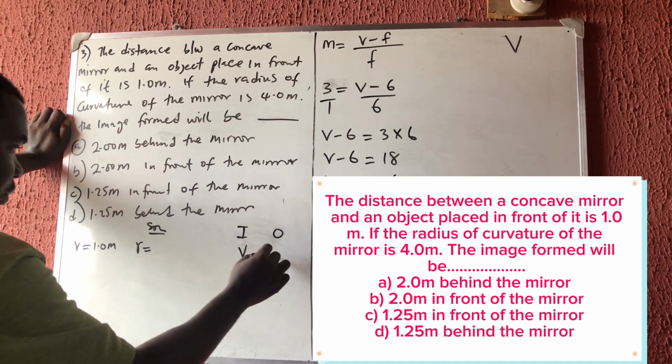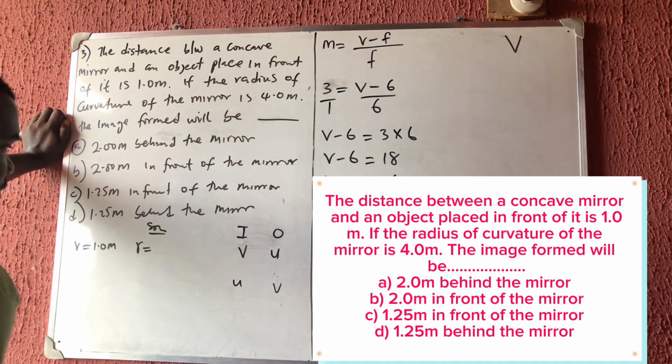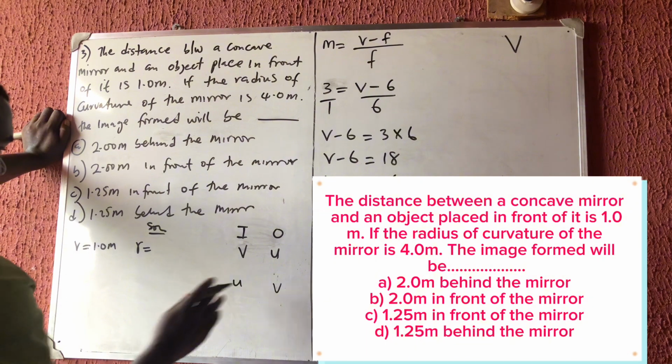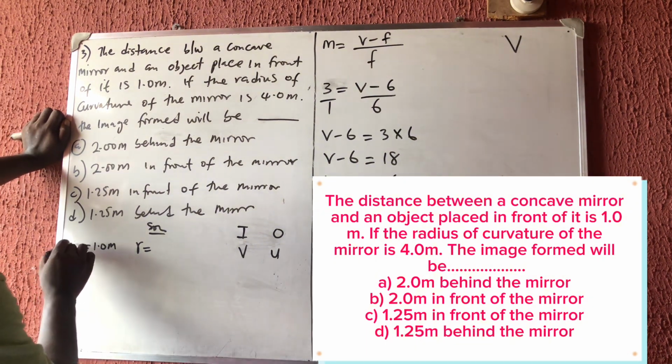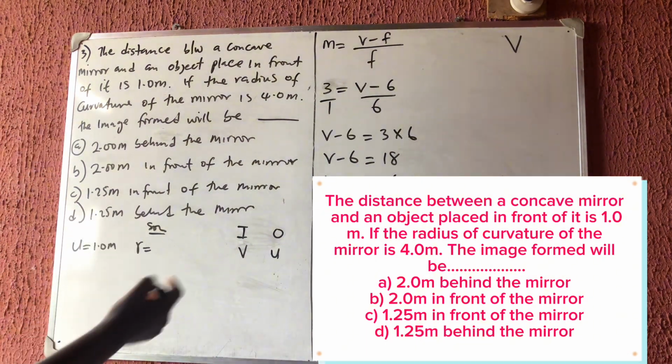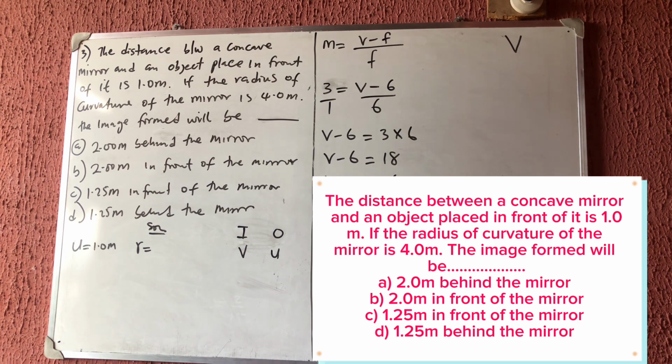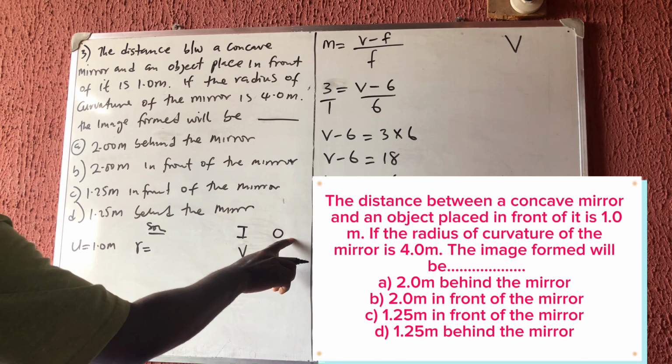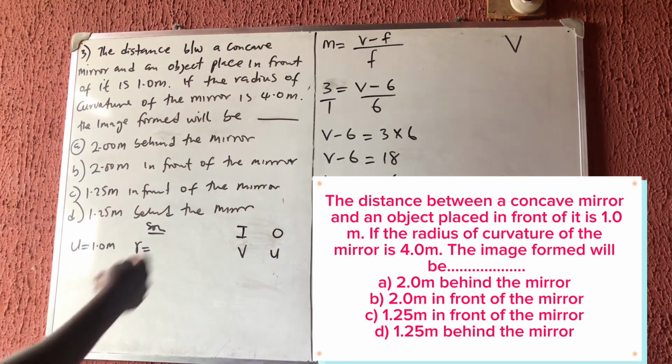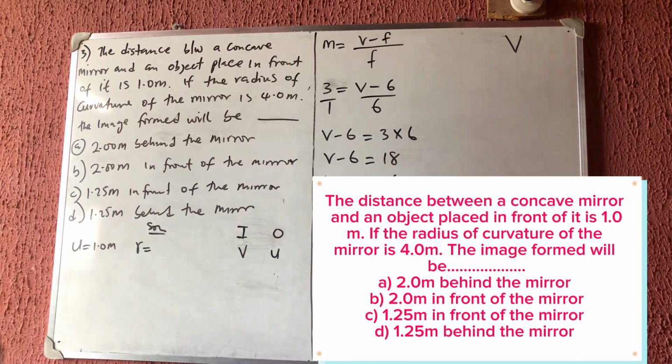So the V will be here, while the U will be here. So this is my U. Yes, this thing used to confuse people sometimes. So if you know how to remember them, that's good. But this is how I used to remember my own: I come before O, so U comes before V. That's how I remember it.